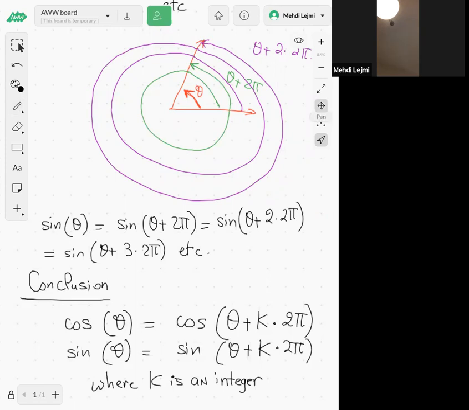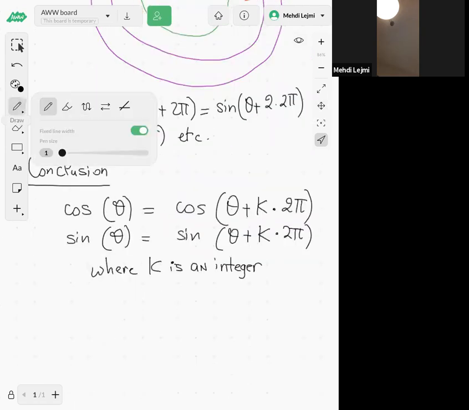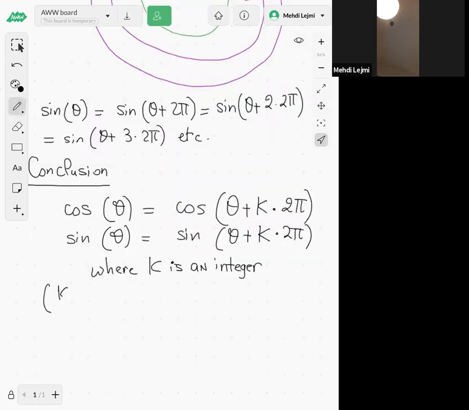So k here is just the number of full rotations. All right, guys, these are the main properties of sine and cosine.